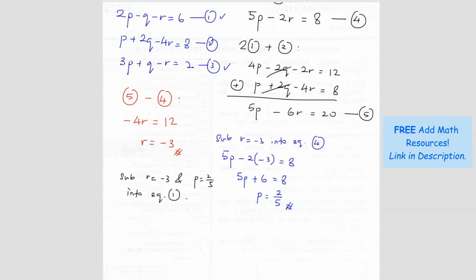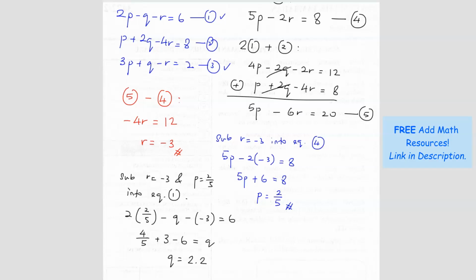1 is much easier. So 2P, P is 2 over 5, minus Q minus R, R is negative 3, equals to 6. So I'll get 4 over 5 minus, you know what, I'm going to shift the negative Q over, so I get positive Q. So here will be plus 3 minus 6 equals to Q. So Q equals to 4 over 5 is 0.8, plus 3 is 3.8, minus 6 is negative 2.2.